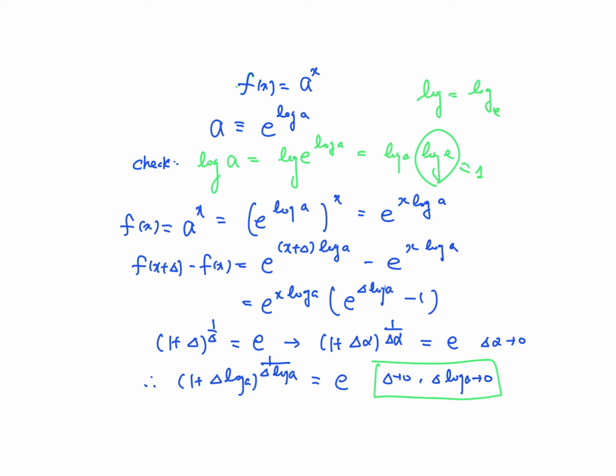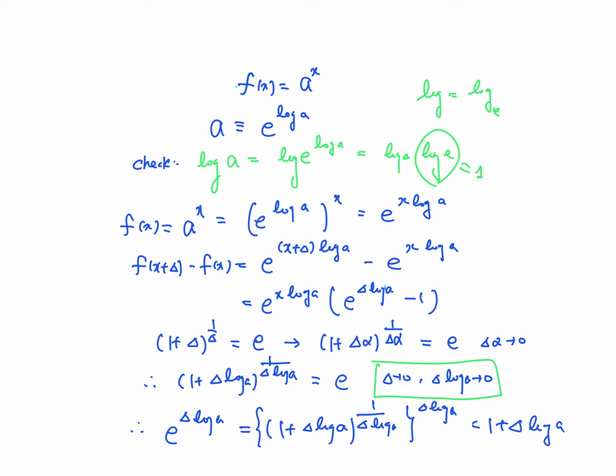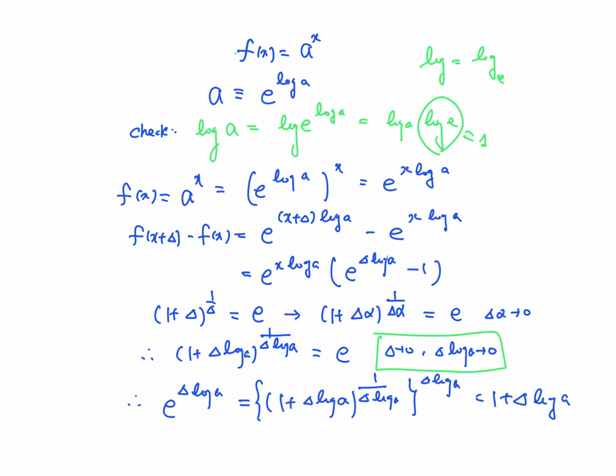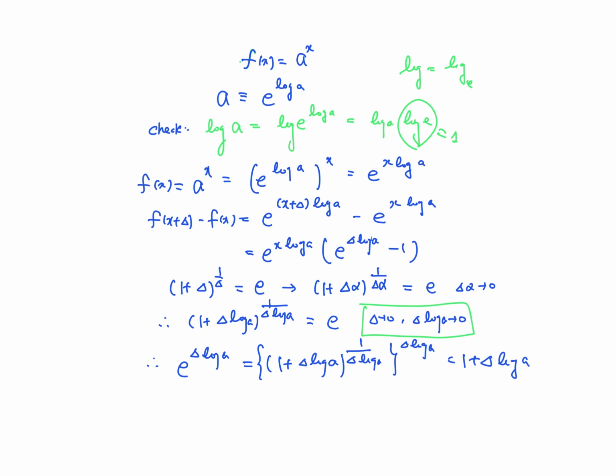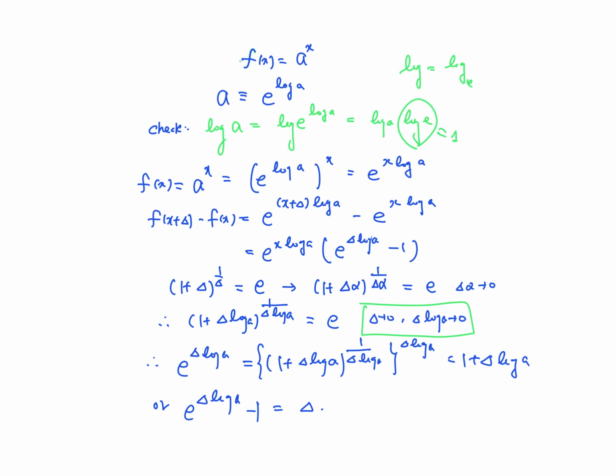Therefore e to the delta log a is 1 plus delta log a, or e to the delta log a minus 1 is delta log a.